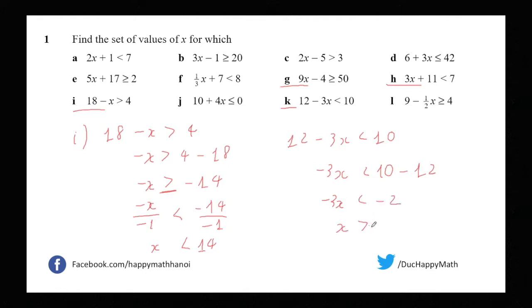So x will be greater than, yes, greater than, because it is a negative number. Okay, the same way with question L. This exercise is quite easy, so practice by yourself and compare it with my result.